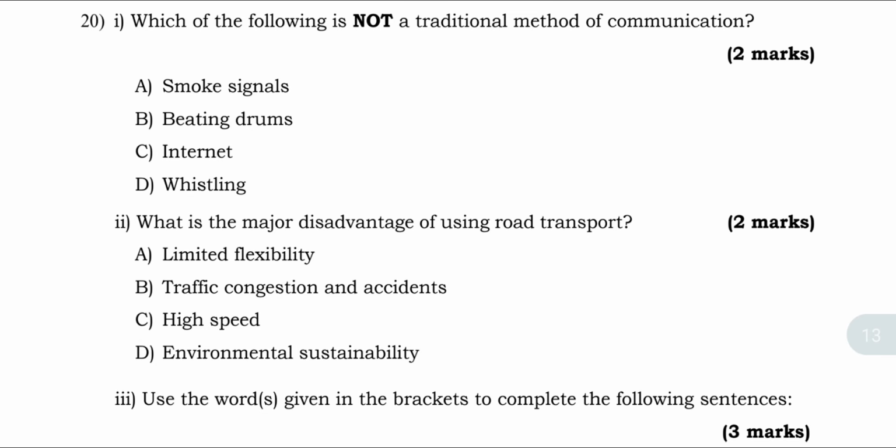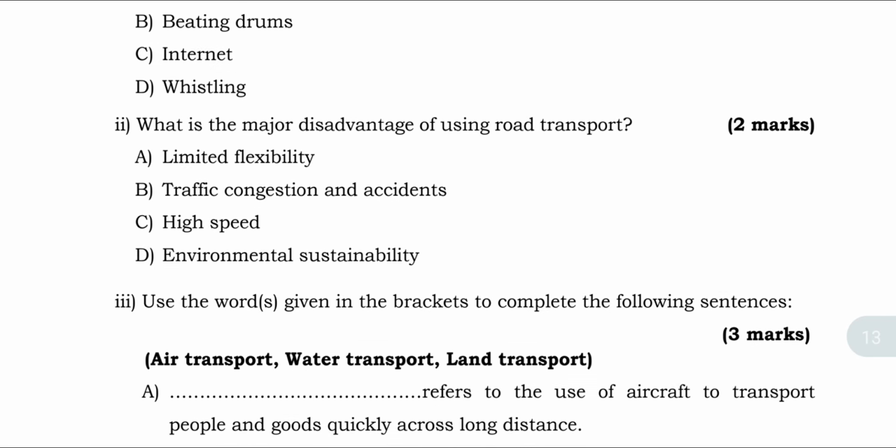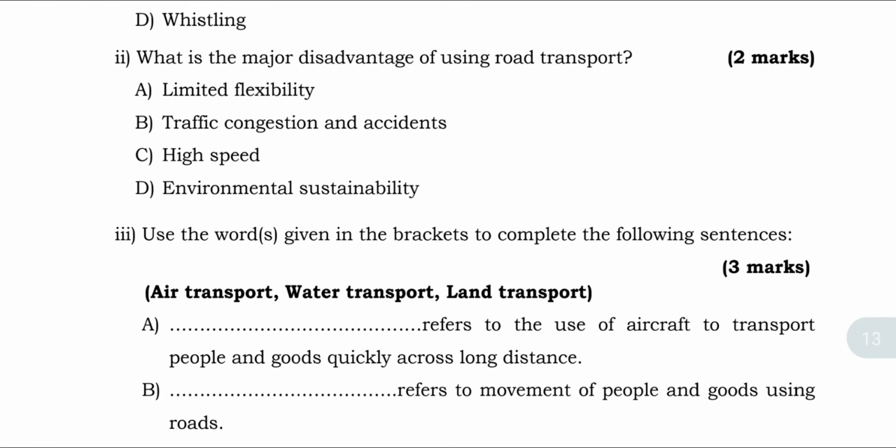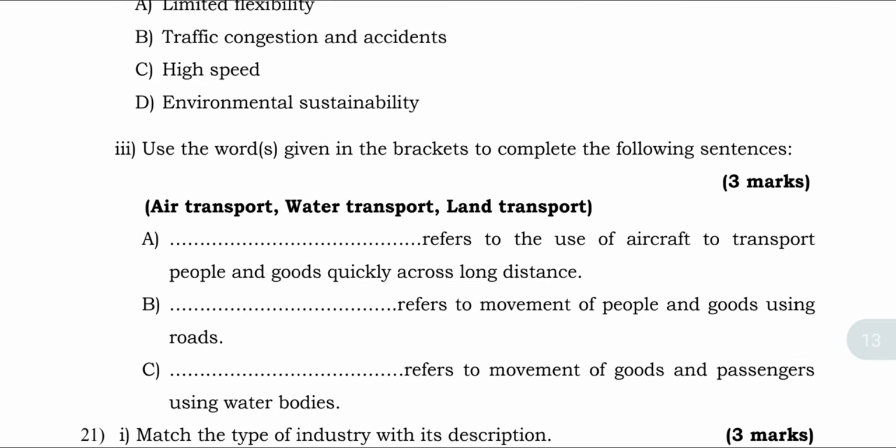2. What is the major advantage of using road transport? A. Limited flexibility. B. Traffic congestion and accidents. C. High speed. D. Environmental sustainability.